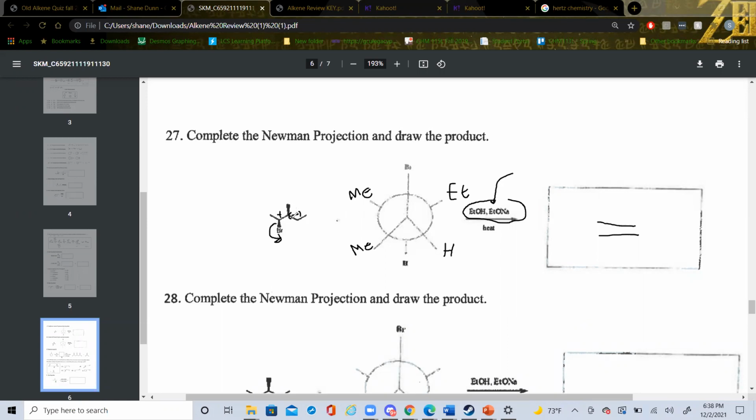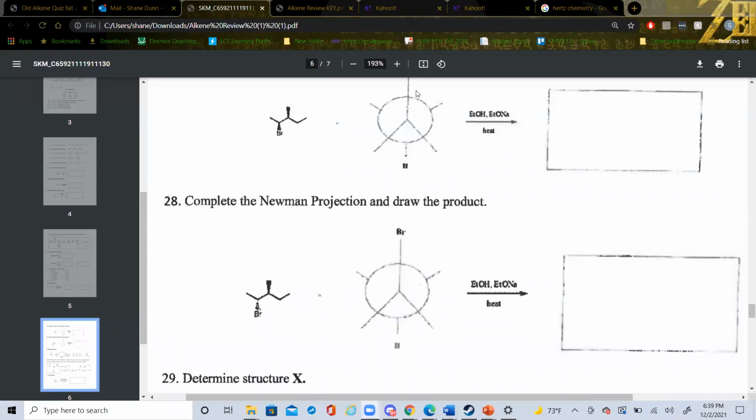There's a hydrogen. Bond here, double bond forms there. And the ethyl group is going to go down, right? Because we're saying the ethyl group's gone away. And then the methyl groups are coming up. And then the hydrogen's going to come down. Because these guys are staying near, these guys are sticking with each other. And these guys are sticking with each other. And that's how you would draw the product from the Newman projection.